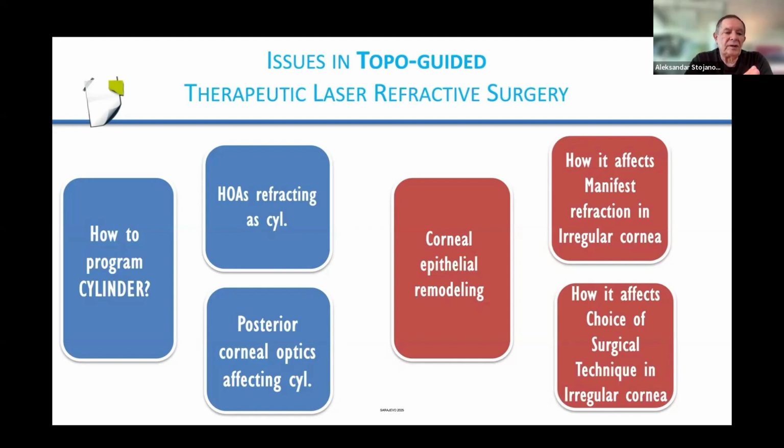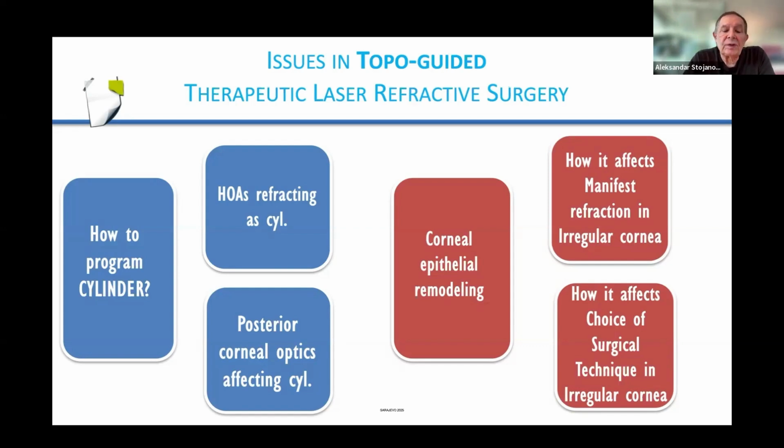So we have to look at the cylinder very closely, because we use topography-guided ablation, and must decide how to program the cylinder. Higher order aberrations refracting a cylinder are always present there. How will our treatment affect the cylinder after we regularize the higher order aberrations, specifically odd order, coma, and trefoil?